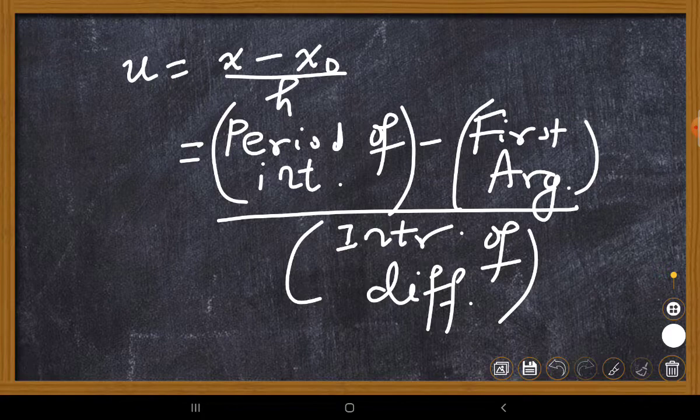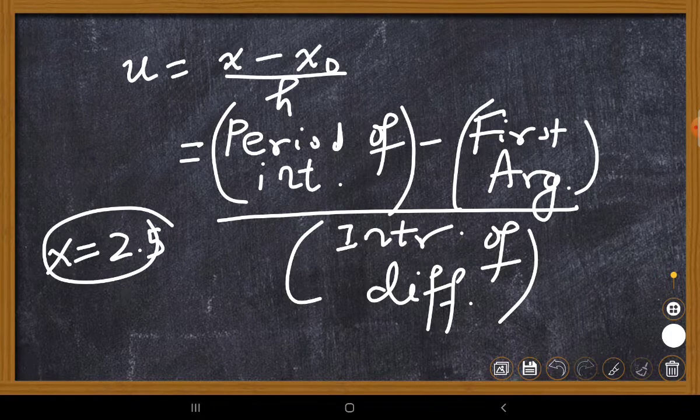Period of interpolation is given, it is the period in which the value is missing. Suppose you want to find the missing value for x equal to 2.5, then your period of interpolation will be 2.5. First argument is the first value of x. Remember, x takes the values x0, x1, and so on. That means x0 is this first value, and interval of differencing is h.